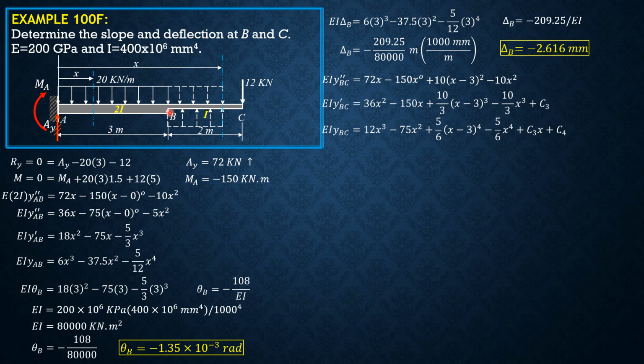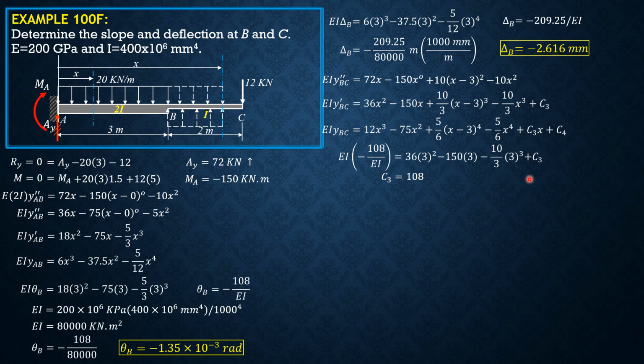And the slope when x is 3 at B is negative 108 over EI. So that's also the slope in portion BC when x is 3. So equating EI times negative 108 over EI equals 36 times 3 squared minus 150 times 3. This is 0, then minus 10 thirds 3 cubed plus c sub 3. Solving for c sub 3, c sub 3 is equal to 108.